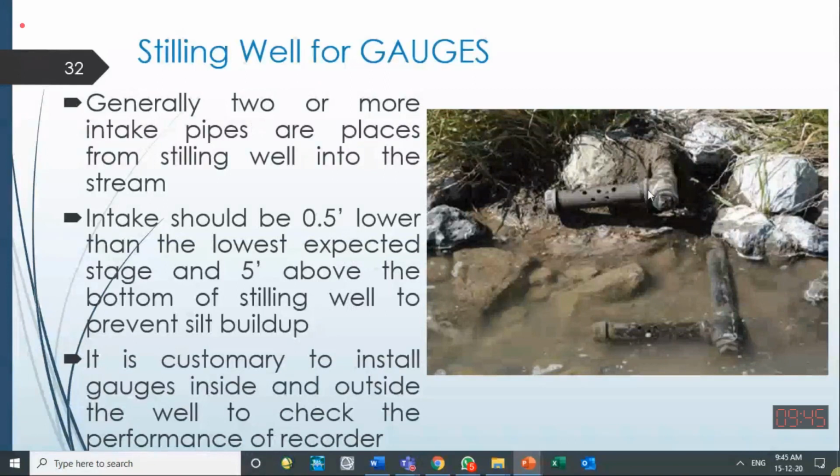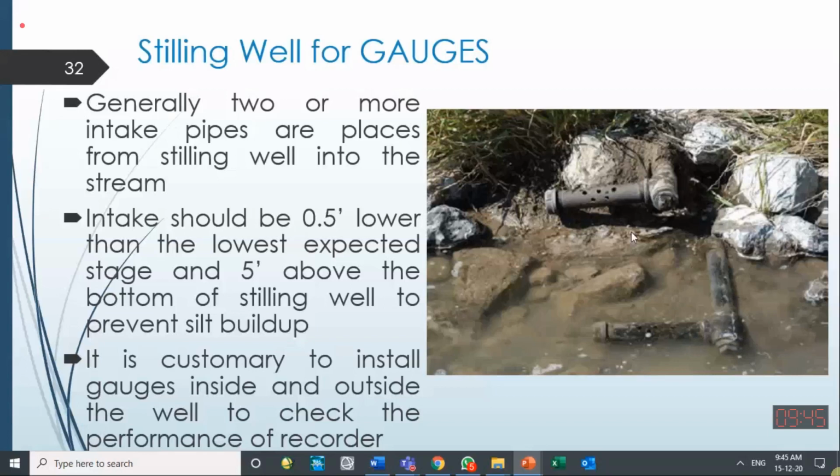So here is a connection of an actual stilling well with the river. If the stilling well connection is above the water level, it will not show you the correct water level. So the connection should be at the lowest possible level of the water which we want to observe. So this will not be giving the information now.